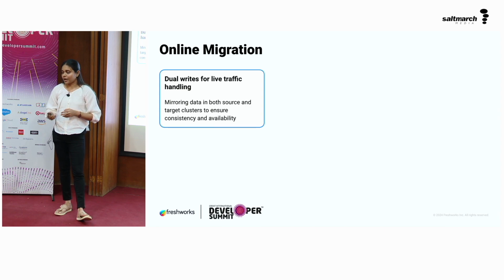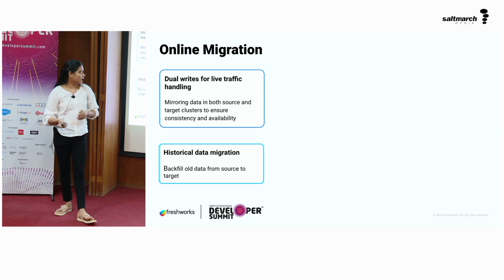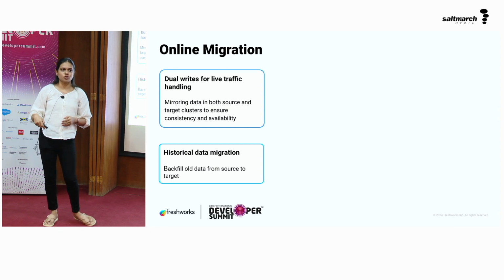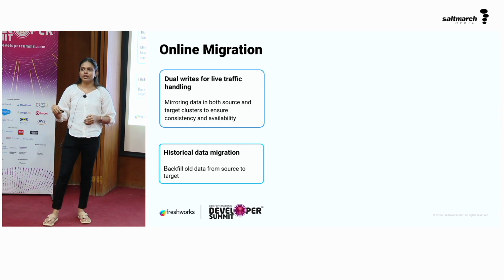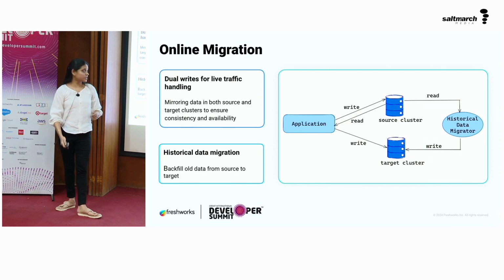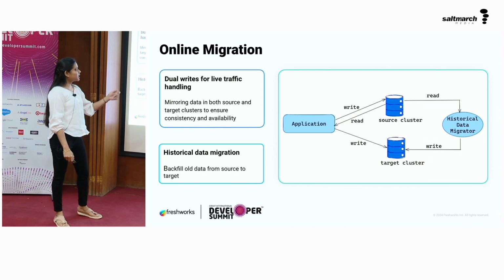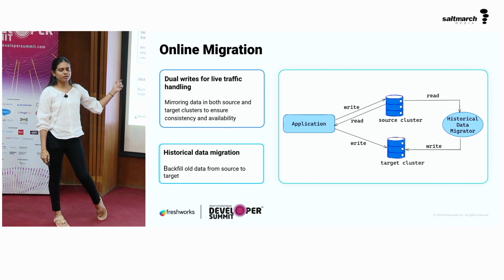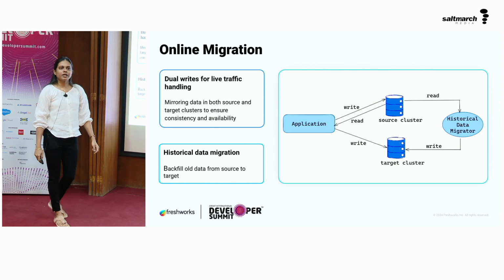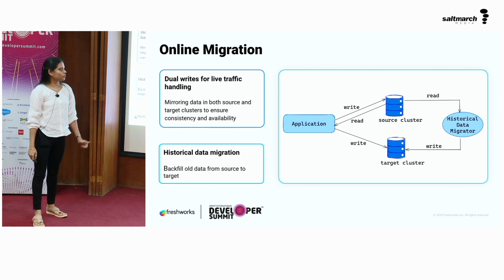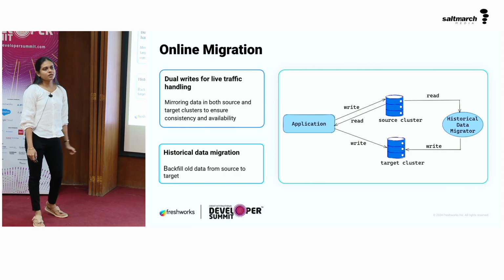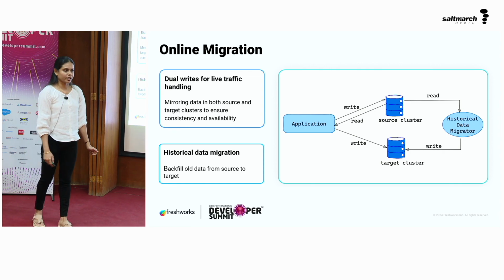as well. And as the dual writes are happening, we then trigger the migration job, that is backfilling of all the old data to copy the existing data from the source cluster into the target cluster. So that is what we term as historical data migration. So this is how it looks like, where the application reads from the source cluster but writes to both the source and the target, while we have the historical data migrator, the migration job triggered, which will copy all of the existing records and dump it all into the target cluster.